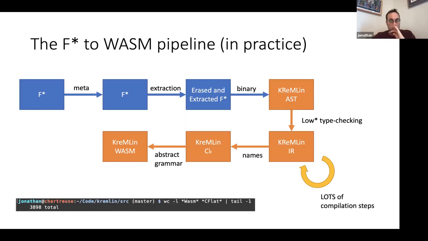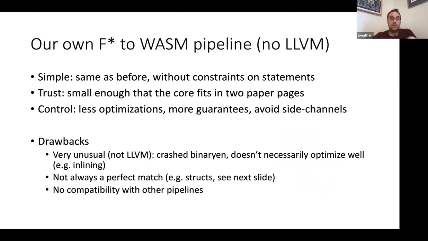WASM. And now the question is, why bother adding a WASM backend to our in-house compiler as opposed to going to C and then using the existing C to WASM pipeline? It's an interesting question. One of the reasons is that we eventually have hope of verifying this compilation toolchain and no longer trusting it.